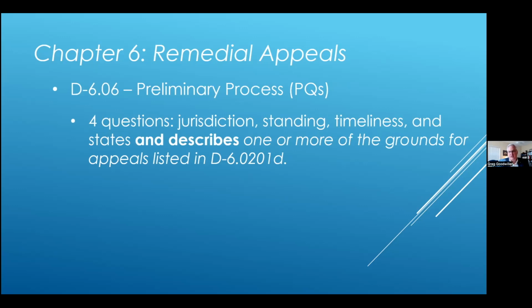And then instead of the question about stating a claim, what comes to the appellate court is that the appeal states and describes one or more of the grounds for appeal listed in G-6.0202.